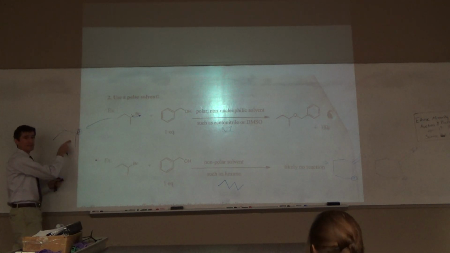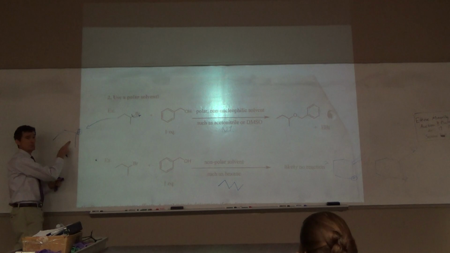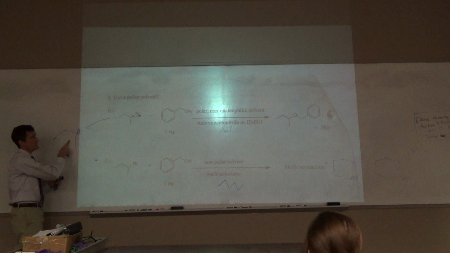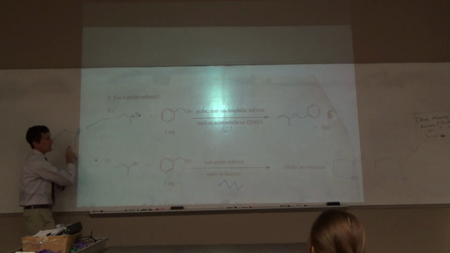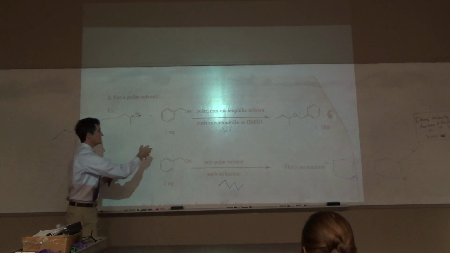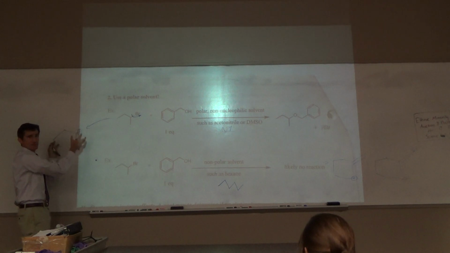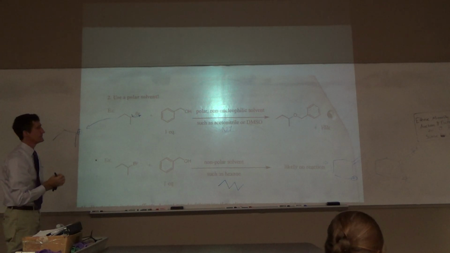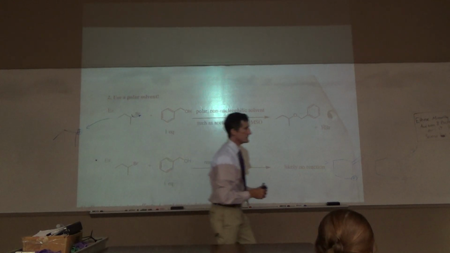If this formed in hexane, it would be treated badly by hexane. It would be ignored. It would be treated as an outcast. It ain't going to form. If it's formed in a polar solvent, the polar solvent will love it, take care of it, nurture it by coordinating with it. Polar solvent facilitates ionization.